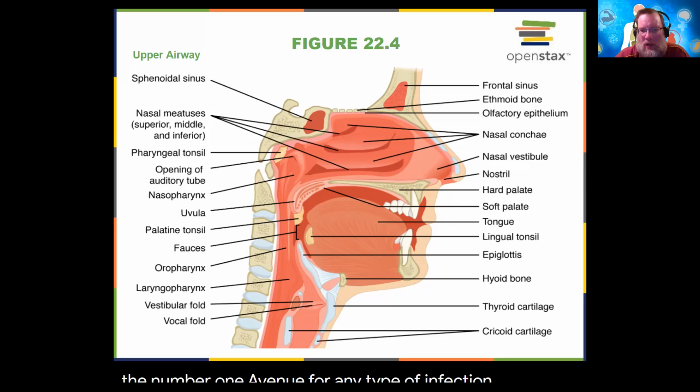Yeah, the COVID swab. Look at where that swab has to go. And the anosmia, right?